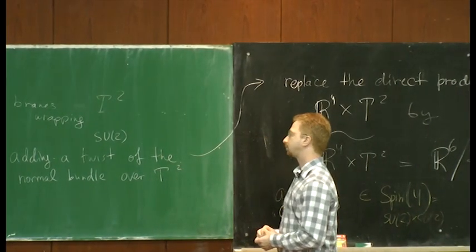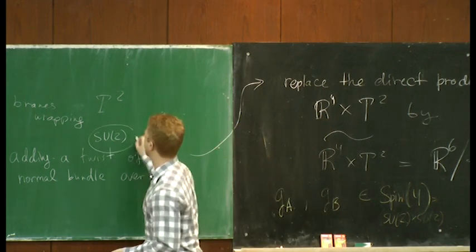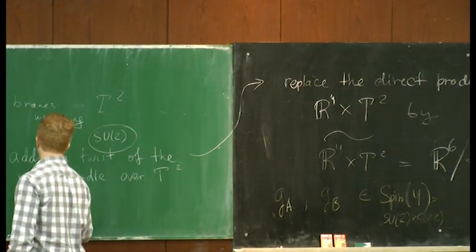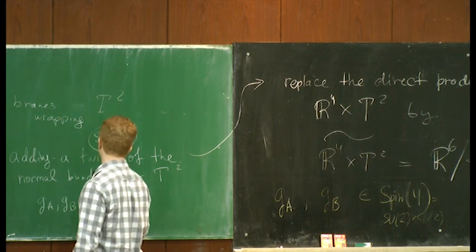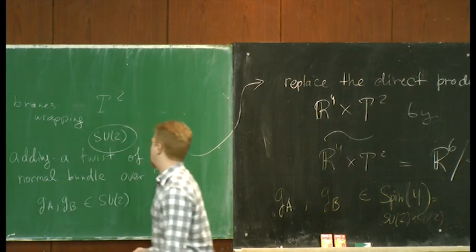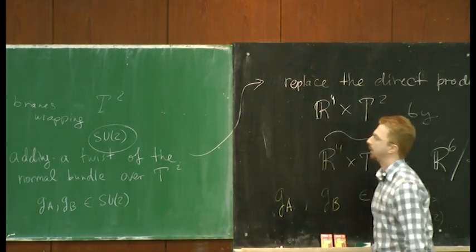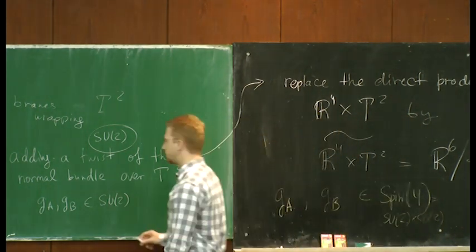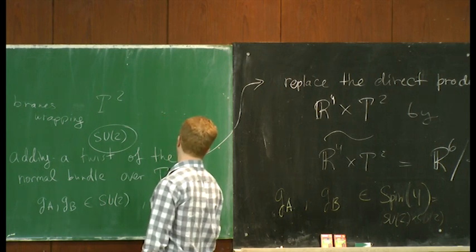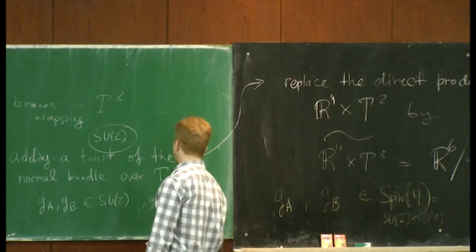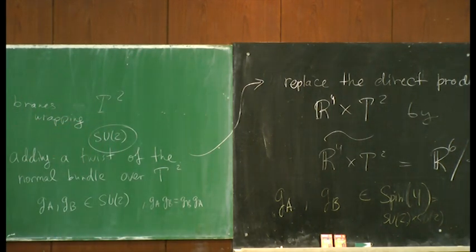And so now, from now on, I'm assuming that G_A and G_B belong to some SU2 subgroup. Now, they're still commuting, so they can be simultaneously diagonalized.